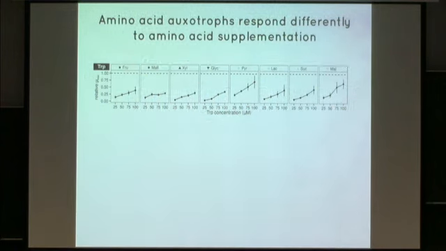So I did this, for example, for a tryptophan auxotrophic strain, and what you can see here is the increasing amino acid concentration for all these 8 different carbon sources that I showed you earlier already, and on the y-axis the relative maximum growth rate. Relative because it's normalized for the wild type, because the wild type also has really different growth rates on different carbon sources.